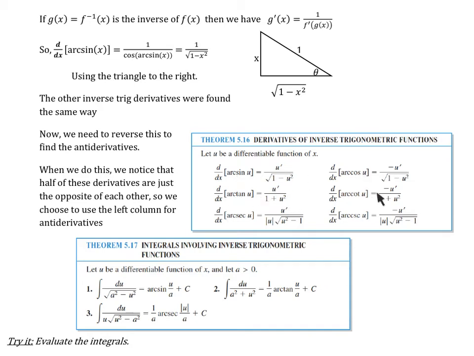Important to remember arctangent and arccotangent here, which have no square root in them. Arcsecant and arccosecant don't show up too much. However, they do end up with a square root: instead of 1 minus u squared, it's u squared minus 1, times the absolute value of u. So a little different there. But these top four are real important to learn.